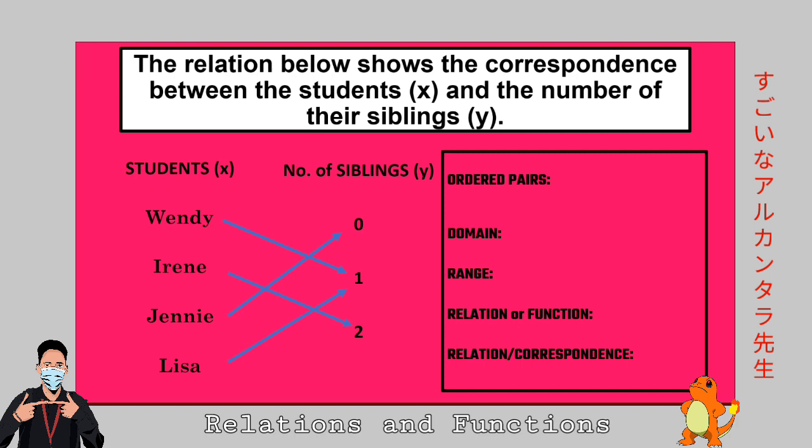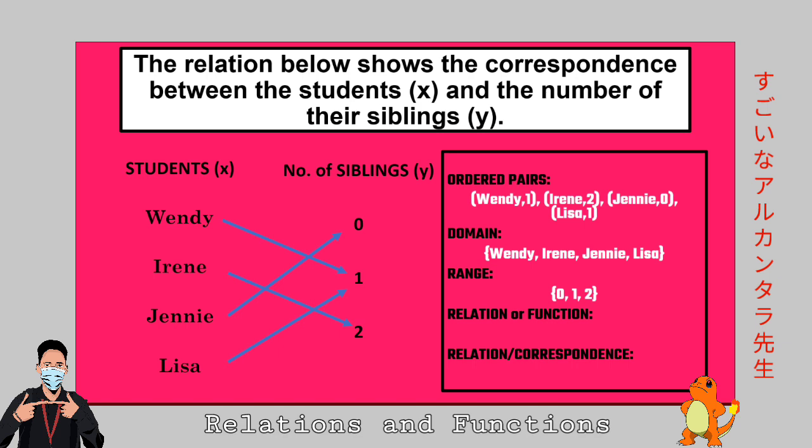Don't worry. Next, the relation below shows the correspondence between the students and the number of their siblings. We have Wendy with 1 sibling, Irene with 2 siblings, Jenny with no siblings, and Lisa with 1 sibling. So in this case, the domain is as follows: Wendy, Irene, Jenny, and Lisa. While for the range, we have 0, 1, 2. So is this a relation or is this a function?